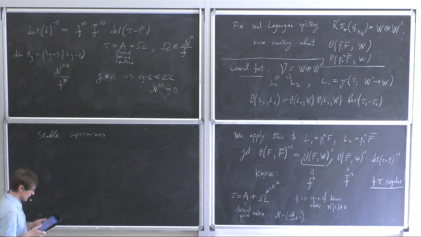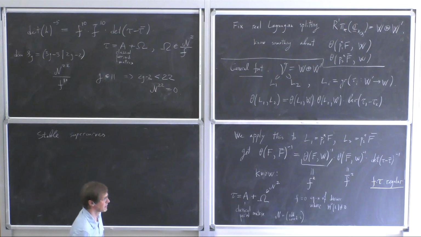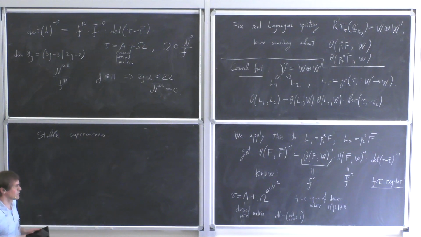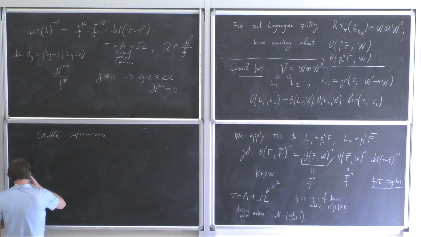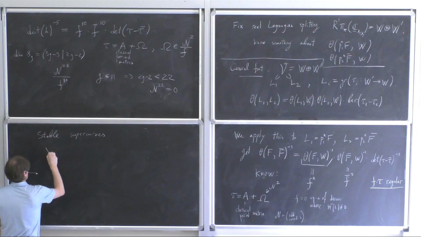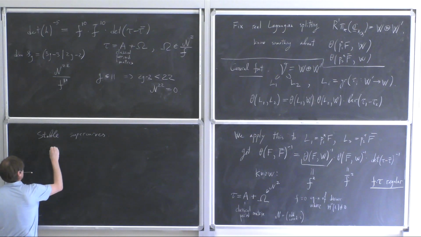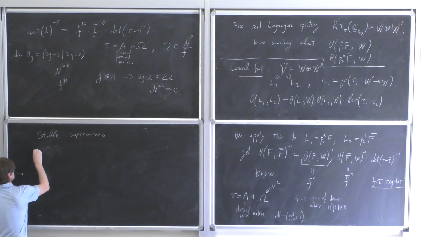So let's first discuss, as in the case of smooth supercurves, without considering families, what it is if we just have one such stable curve. Okay, so what is a single stable supercurve?